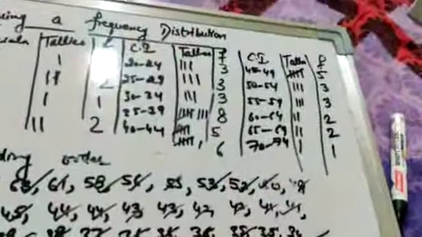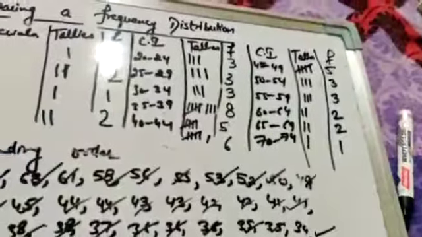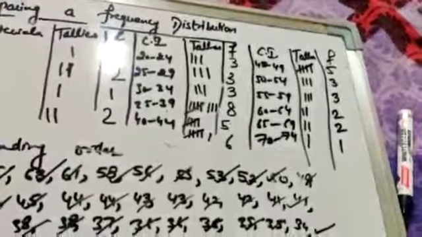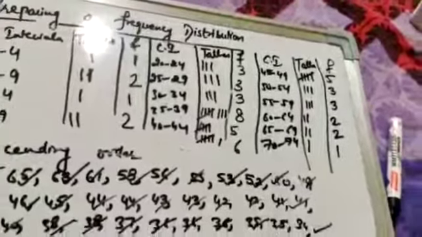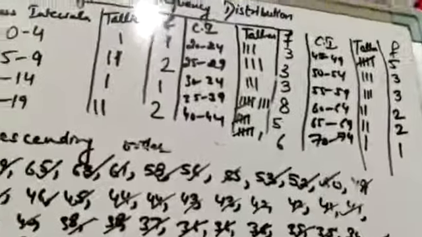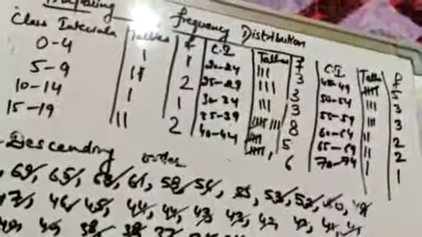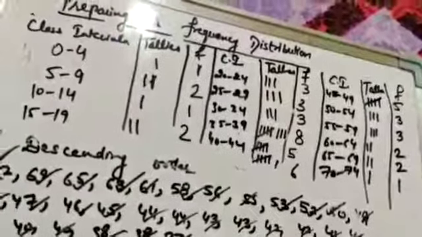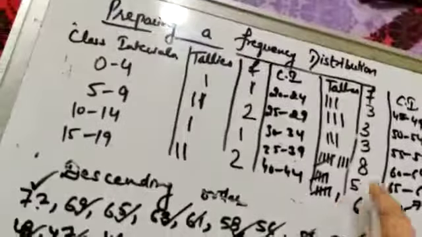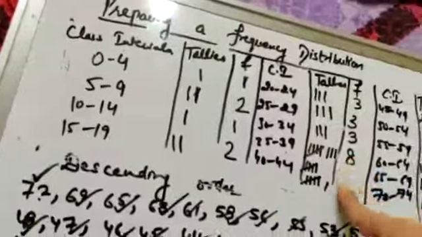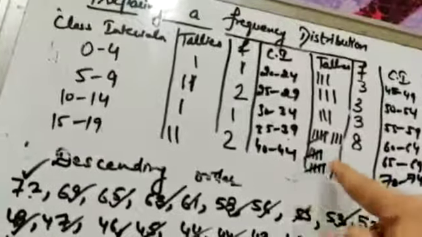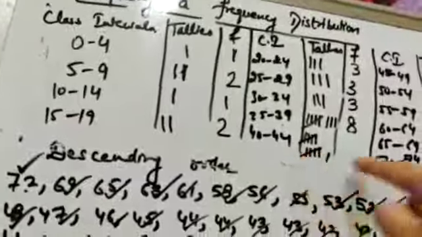Let's check our answer. 1, 2, 2, 3, 3, 5, 11. So check here. 5 plus 6, 11. Here is 11. 5 plus 5, 10. 10 plus 1, 11.